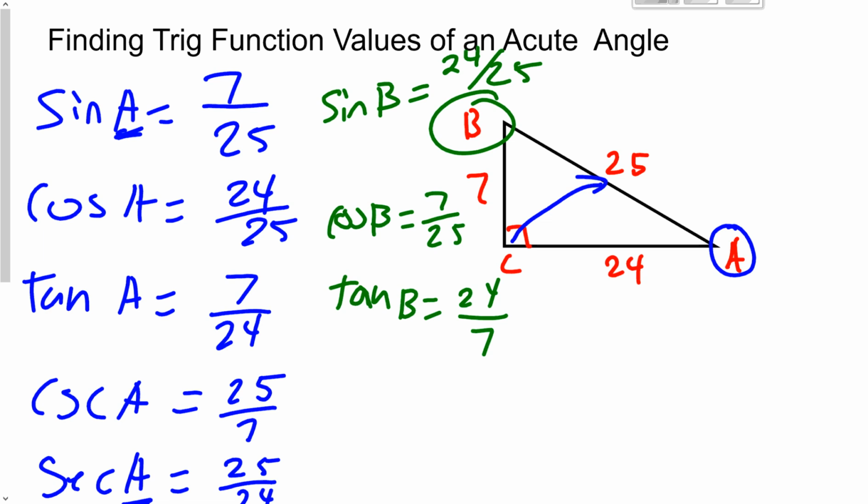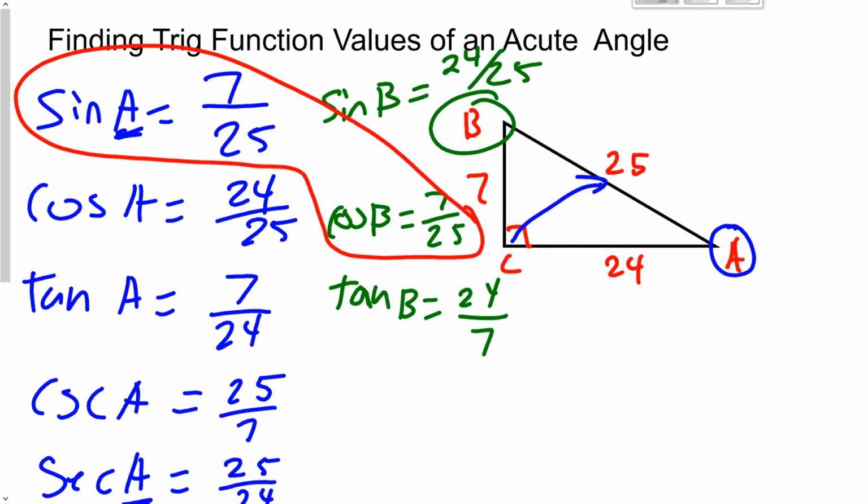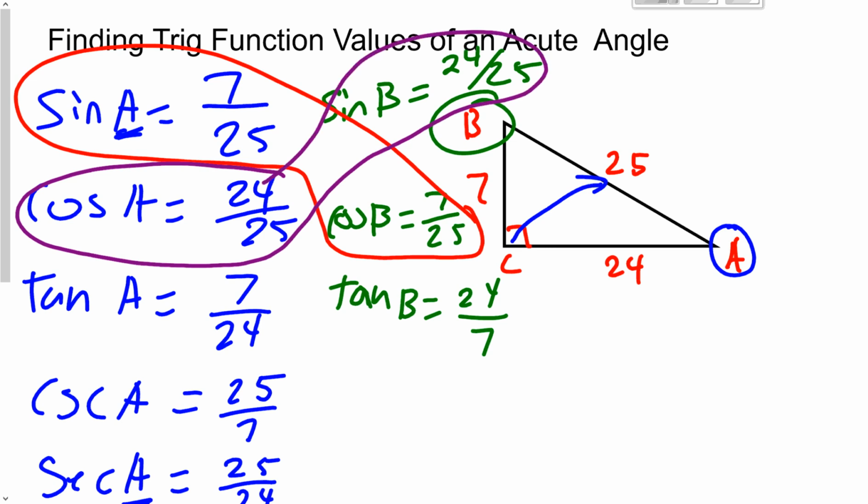Now, what do you notice though? Notice that sine of A is the same answer as cosine of B. And cosine of A is the same answer as sine of B. Well, how can that be? Well, notice that we have a right angle here. So that means angle B and angle A have to add up. They are complementary, right?